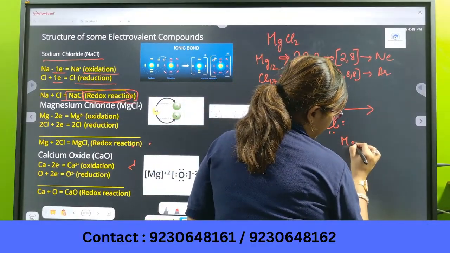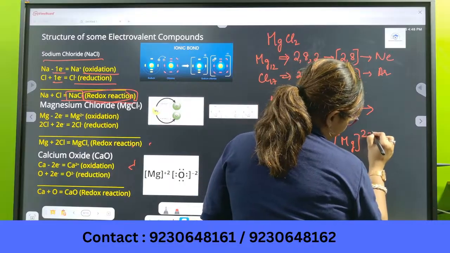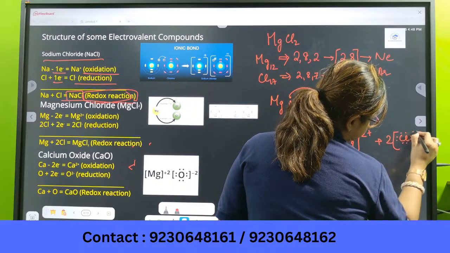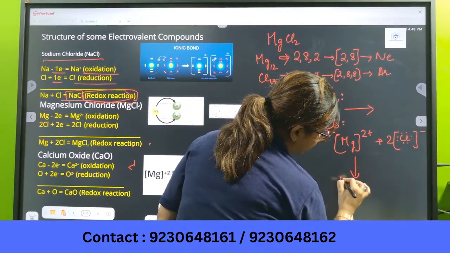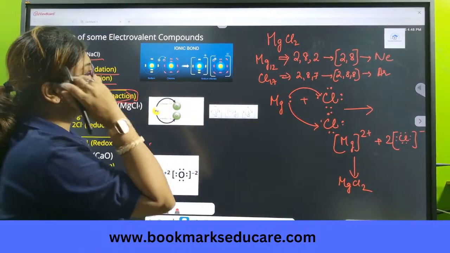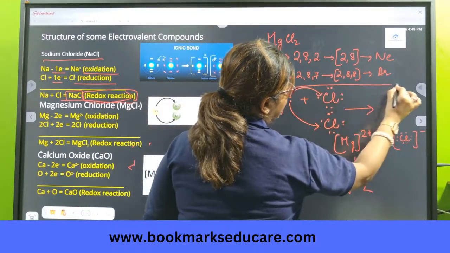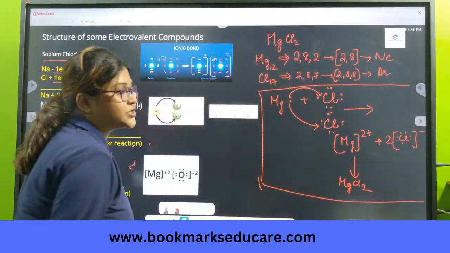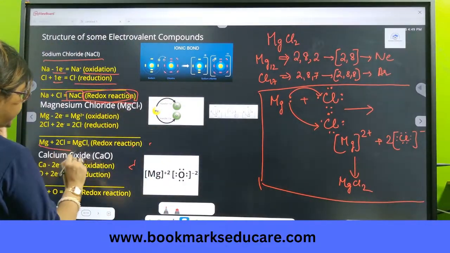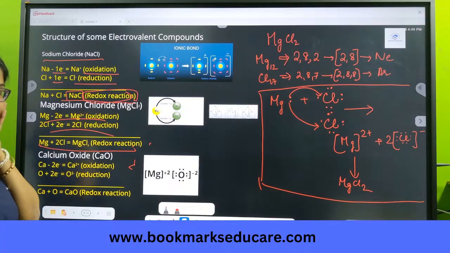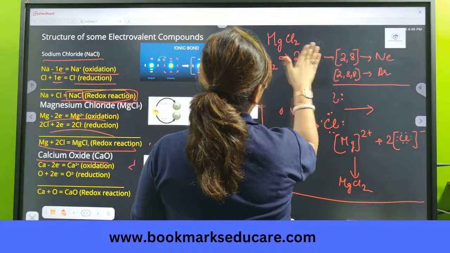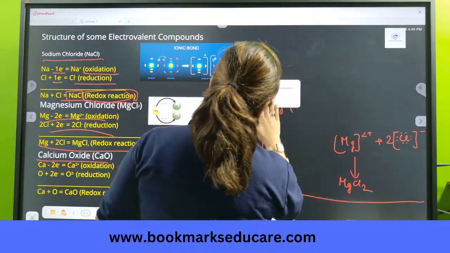That means this will be Mg2+ and 2 Cl-, to generate MgCl2. Got it? So this is the Lewis dot structure of magnesium chloride. Now this is the redox reaction. It's given here. Coming over to the third compound, which is calcium oxide.